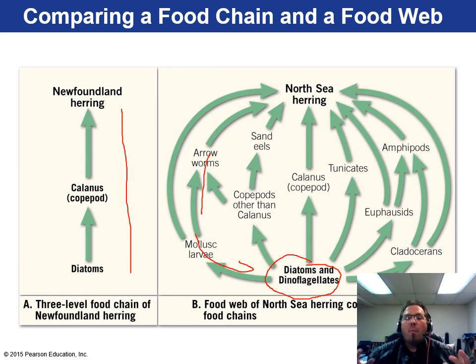Herring eat more than one type of food. It's not just copepods they're eating. They eat all of these things. So you have to account for all of that, but it all starts at the bottom with those phytoplankton, the diatoms and the dinoflagellates. Without those at the bottom, the whole thing starts to fall apart.